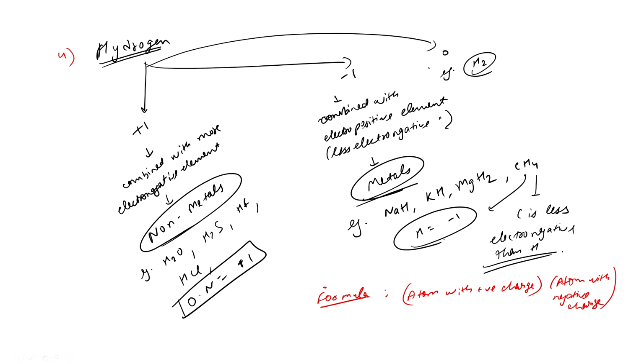So, in the case of hydrogen you can use this trick. For example, in H2O, hydrogen is written on the left side, which means it is carrying a positive charge, that means it has an oxidation number of +1.